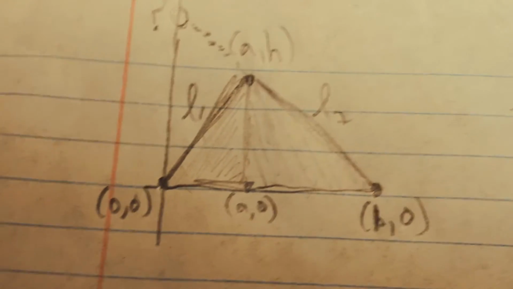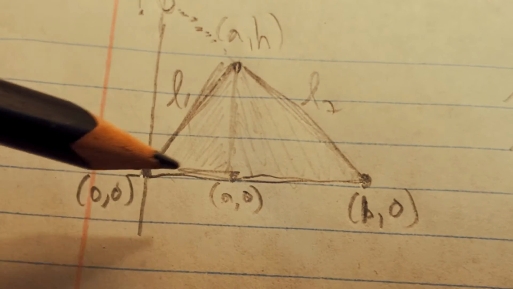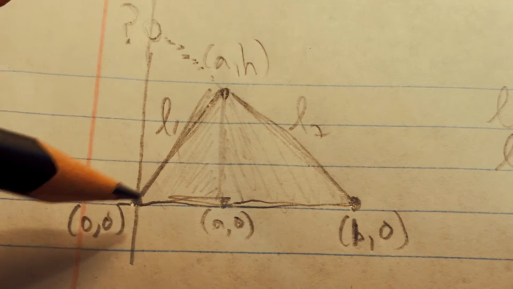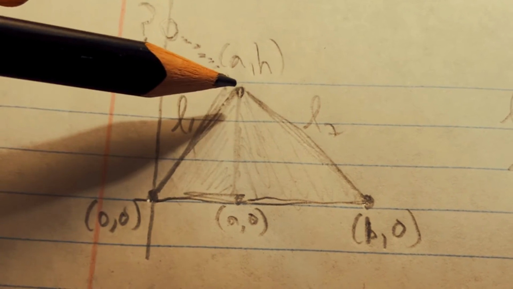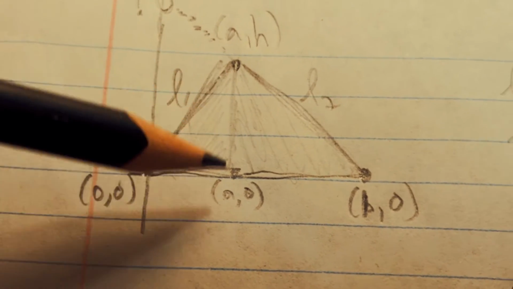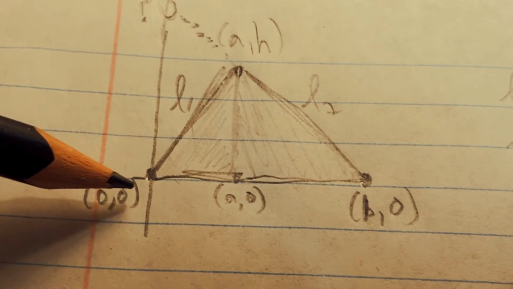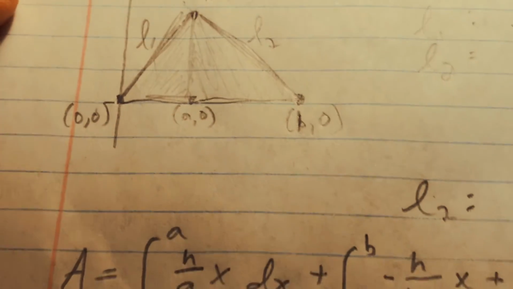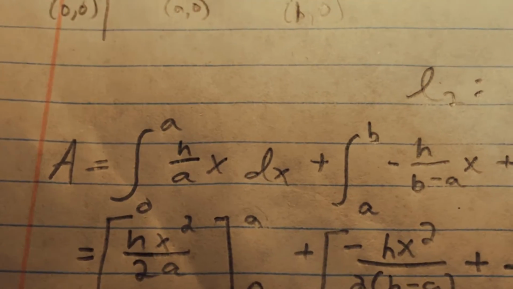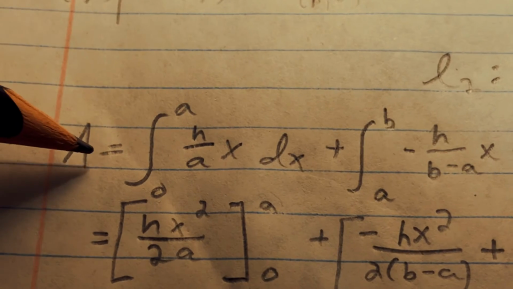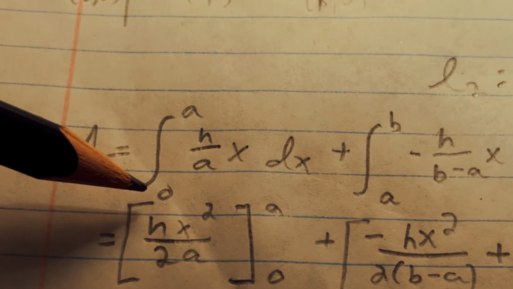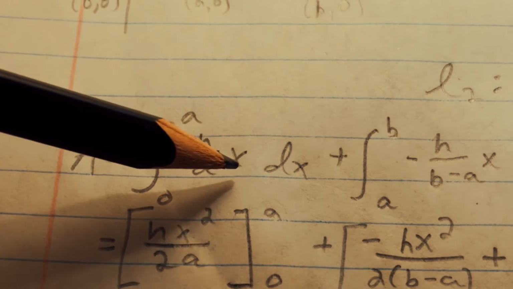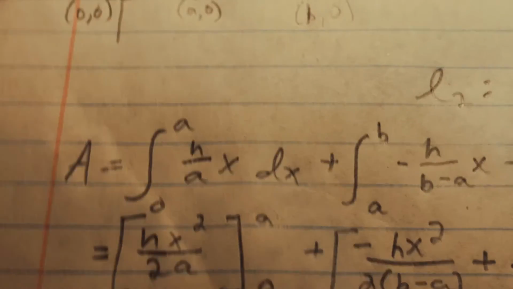Now we need to set up the integral. To find the area under this line, from x equals 0 to x equals A, I will need to integrate from 0 to A using the equation of line 1. Here it is, the integral from 0 to A of H over A x dx.